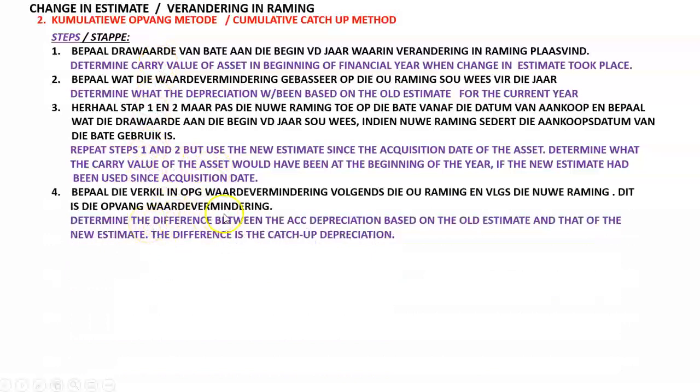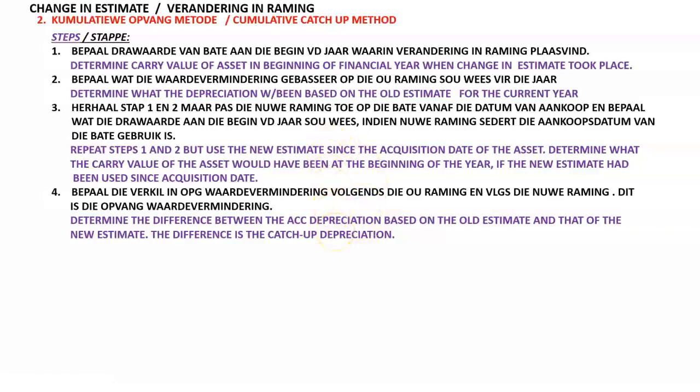Now, in my books, I sit with the actual accumulated depreciation. I've now calculated in step 3 what the accumulated depreciation must have been if I did apply the new estimates from the start. So the difference between my accumulated depreciation balance actually in my books and the accumulated depreciation balance calculated based on the new estimate, I have to make a correction for that.